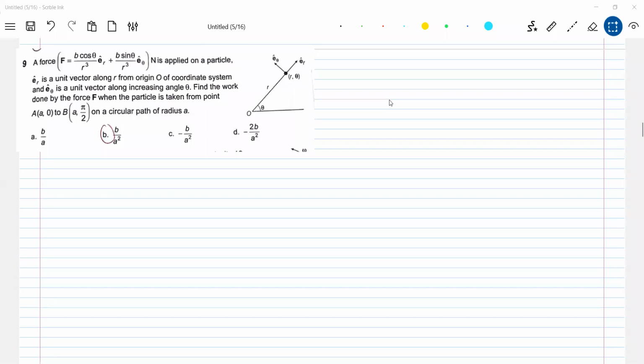Now, question number 9. Okay, there are two forces. One radial force, the other is tangential force, like the earlier idea. So work done taking the point from (a, 0) to (a, pi by 2).